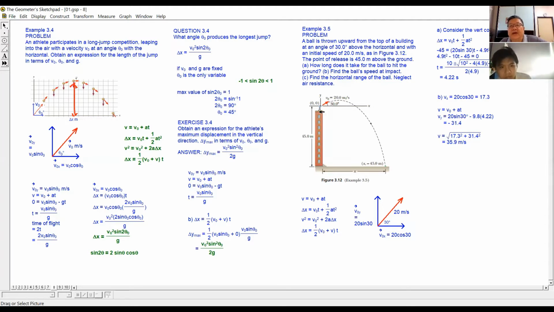So let's say you want to know the range here, the horizontal distance covered.